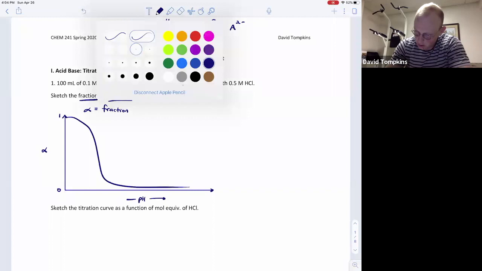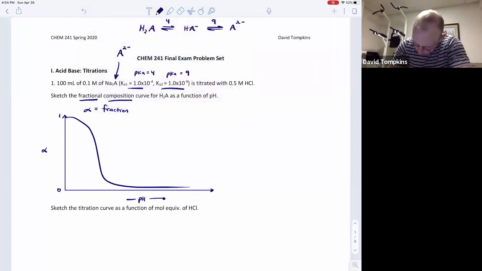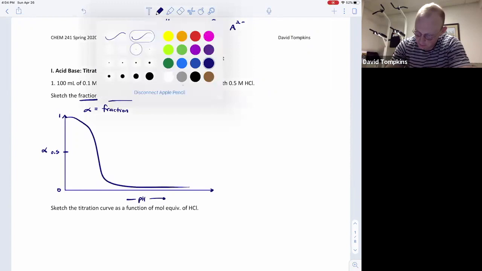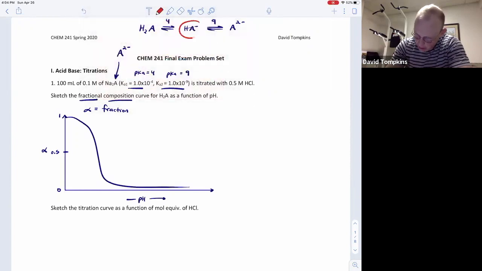It will be this 50-50 mark that is very important for thinking about buffer solutions when we have half acid and half base. And I'll indicate here the HA minus in red. That will intersect with the H2A curve.